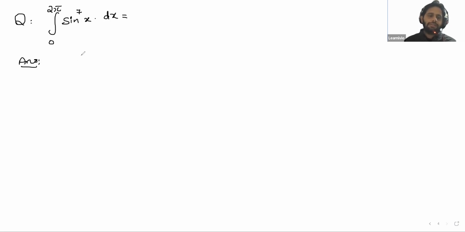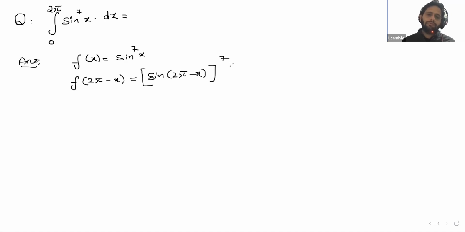Integral 0 to 2 pi. So we have this one. f(x) is equal to sin^7 x. Okay. So f(2a minus x) means here in place of 2a we have 2 pi. So 2 pi minus x is equal to sin(2 pi minus x) to the power 7. So this will become what? Minus sin x to the power 7. So this will give us minus sin^7 x.